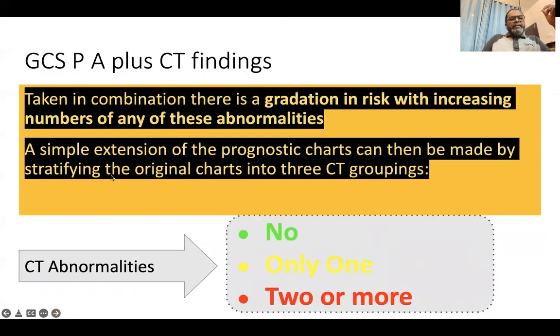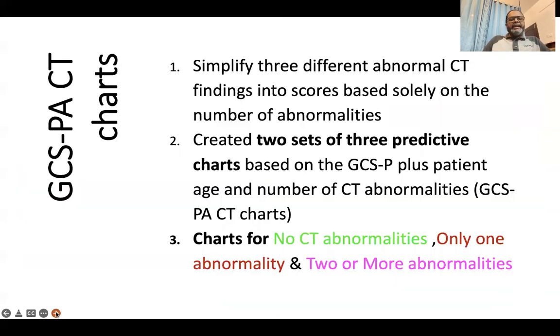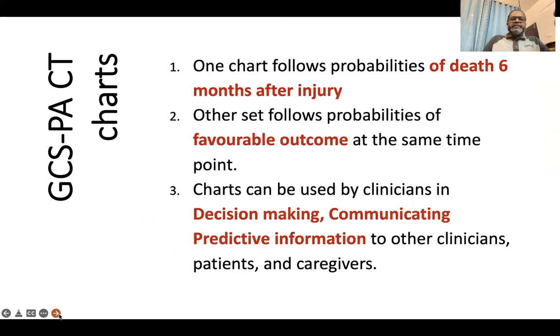The CT scan finding is a simple extension of the prognostic chart that can be made by stratifying the original charts into CT scan groupings in 3 groups: no CT scan abnormality, 1 CT scan abnormality, or 2 or more CT scan abnormalities. So they created 2 sets of 3 predictive charts based on GCS-P plus patient age and the number of CT scan abnormalities.